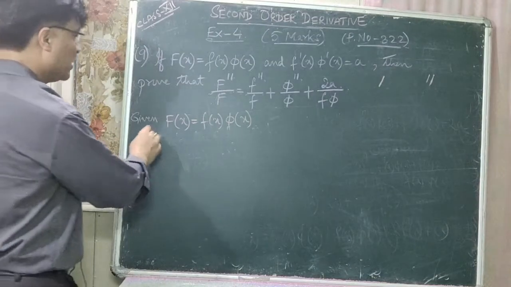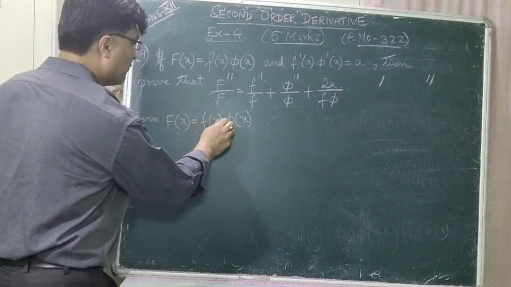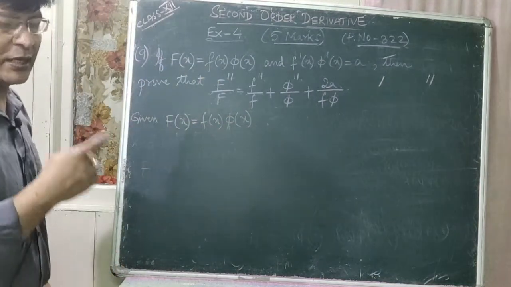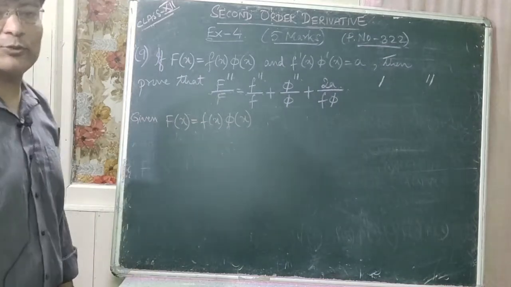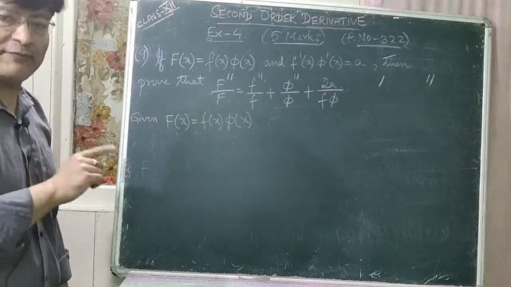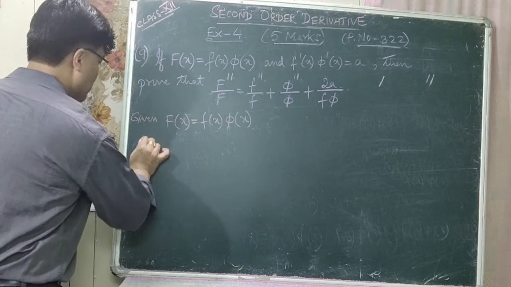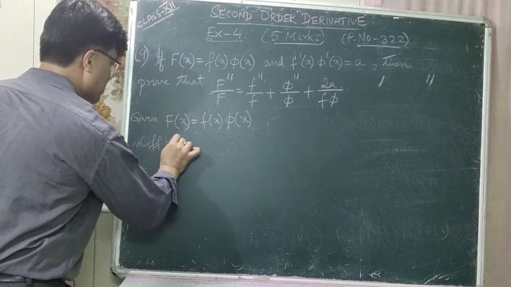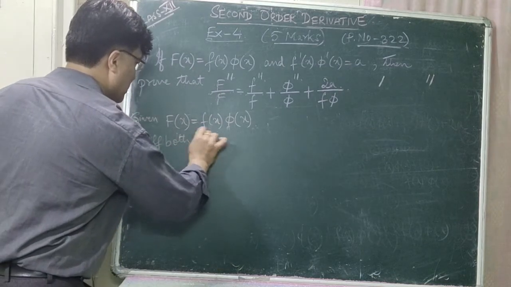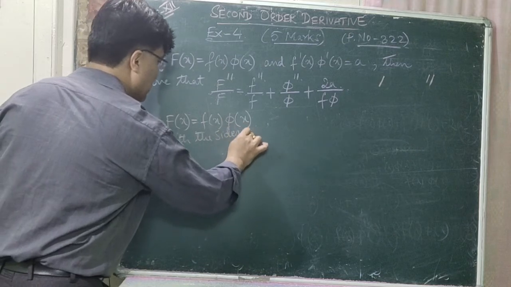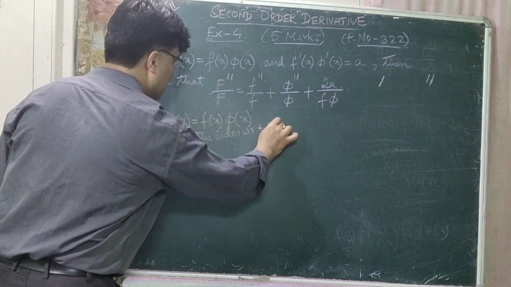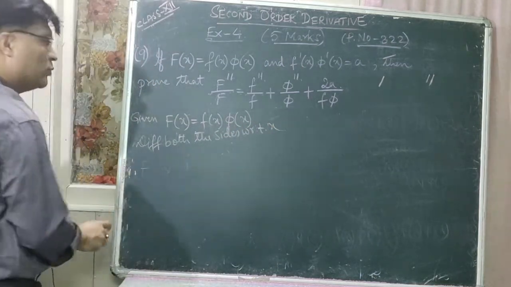Here given is capital F of x is equal to small f of x into phi of x. Now we have to differentiate both the sides with respect to x to get F dash of x. So differentiating both the sides with respect to x, what do we get?